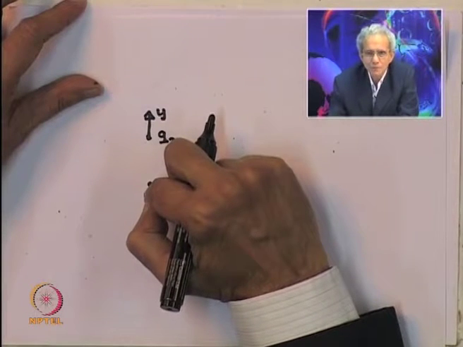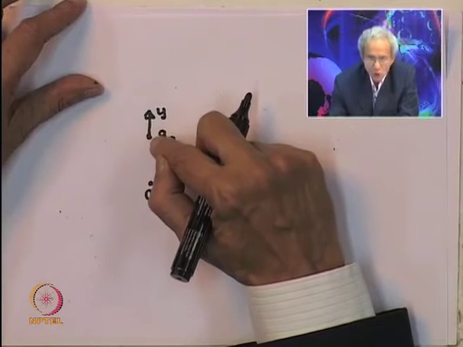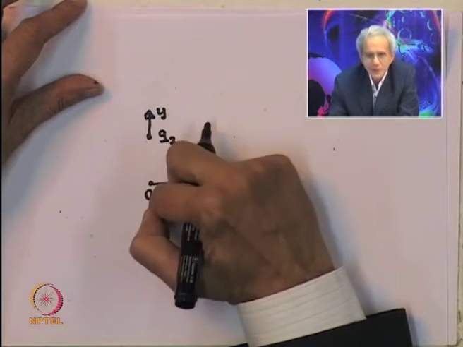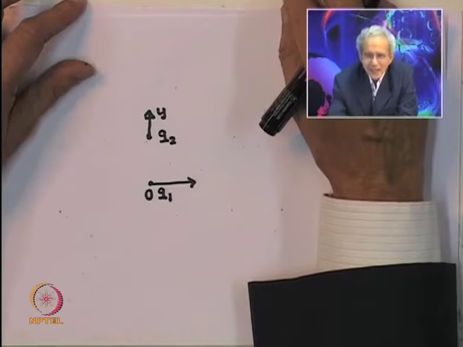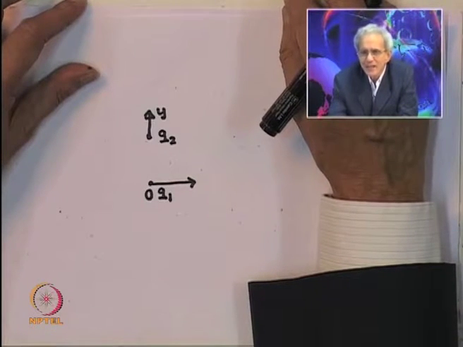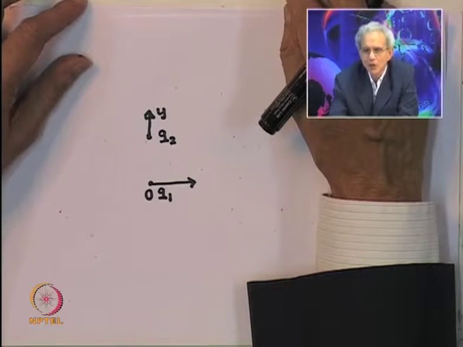Here it is 0. So, in other words, this exerts a force on that, but that one does not exert a force on this. In other words, there is an apparent violation of Newton's third law of action being equal and opposite to reaction.